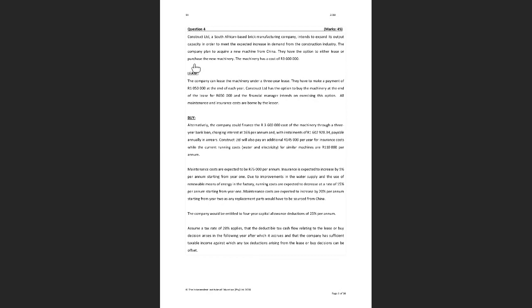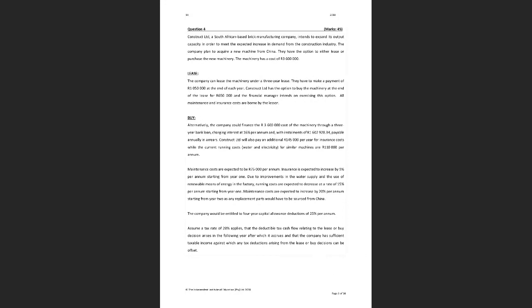Okay, so with a lease or buy question, if you get one of these, it's vital that you remember exactly what's got to be in each of those sections of your answer. And in this particular paper, so here's all the information, what it is that they want. So the information about the machinery they want to purchase, what the costs involved in leasing it would be, and what your costs involved in buying it would be.